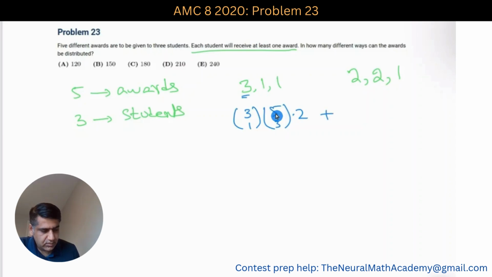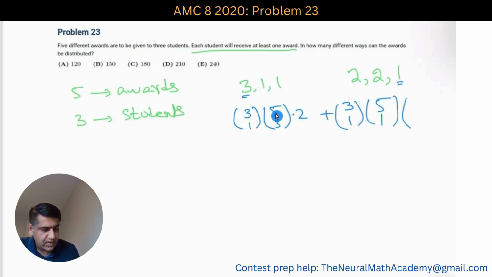So then we look at the next test case. Here one of the students is getting 1 award. So 3 choose 1, it can be any of these 3 students, and now has available 1 award from 5.